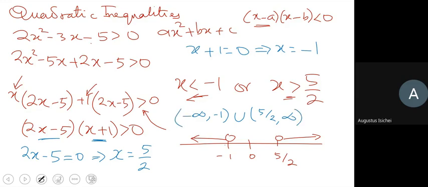So this is interval notation. This is number line. This is inequality representation. You have to know how to represent them in any of these ways because these are similar exam questions. You might be told to represent on an interval notation, on a number line, or in inequality.